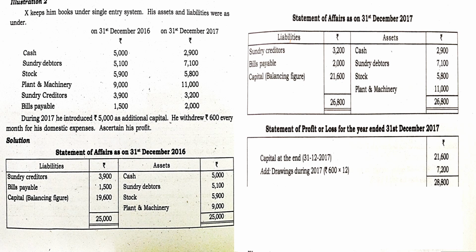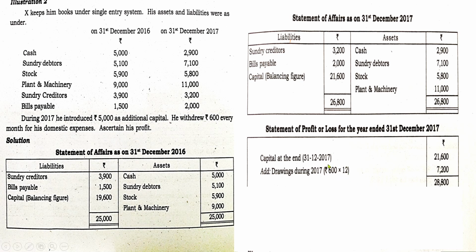Everyone prepares statements to know the profit and loss for a financial year. A financial year consists of 12 months. Here he has taken 600 every month. So in a financial year how many months are there? 12. So for 1 month he has taken 600. So how much has been taken during the financial year in total? 600 into 12.